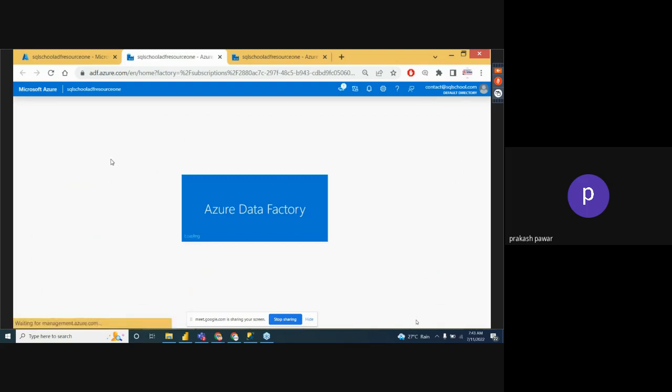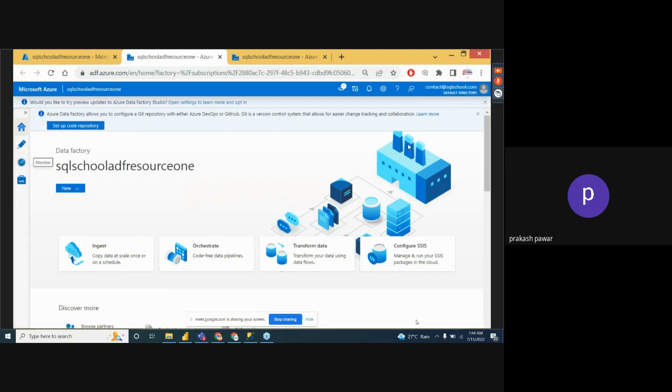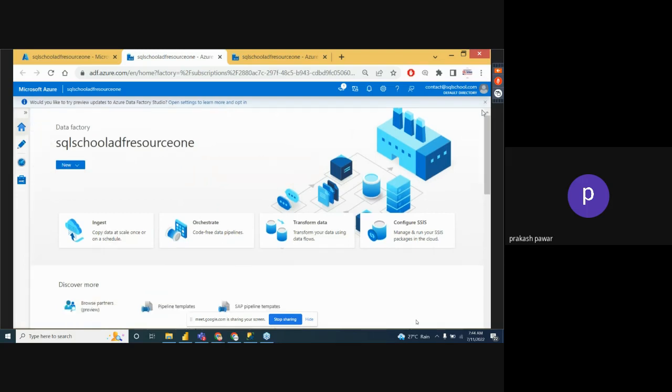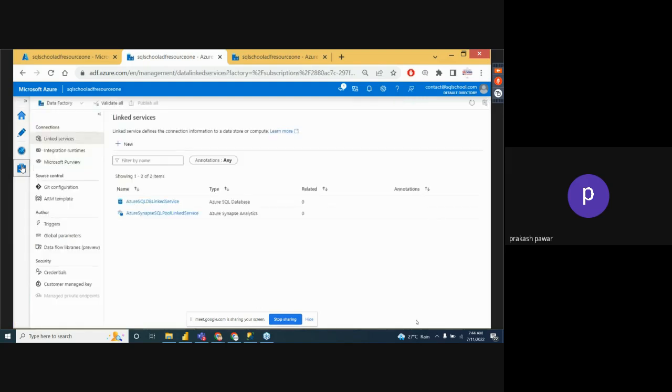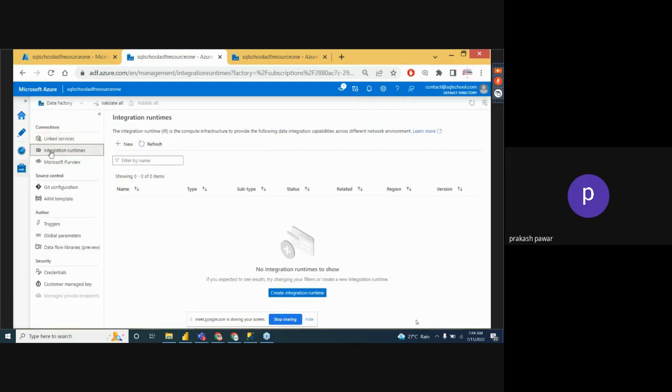Let me show you. On the left side you see 4 buttons. These are called hubs: home hub, author hub, monitor hub, manage hub.